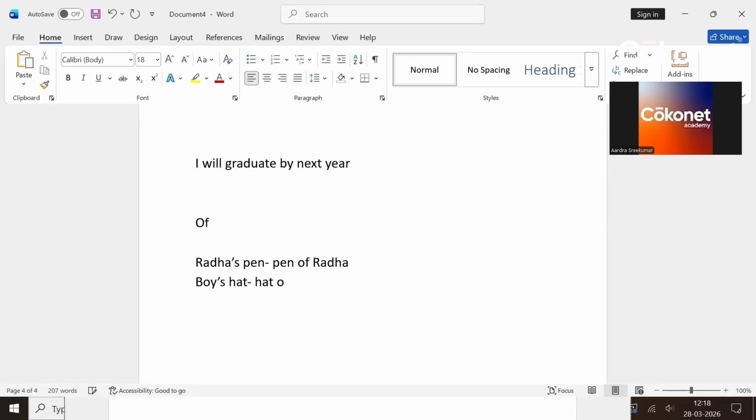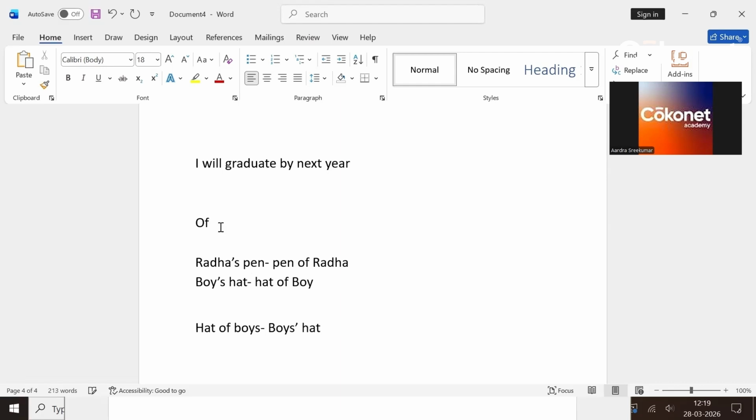So the hat of the boy, which is one boy. What if I have to say a particular hat belongs to boys? So hat of boys, if we use the preposition of. But if we use the apostrophe, it would be boys' hat.